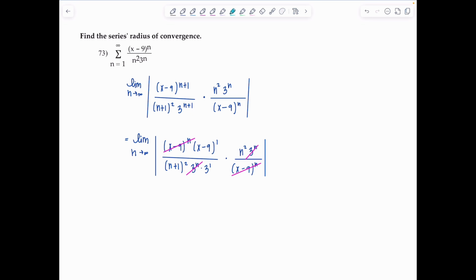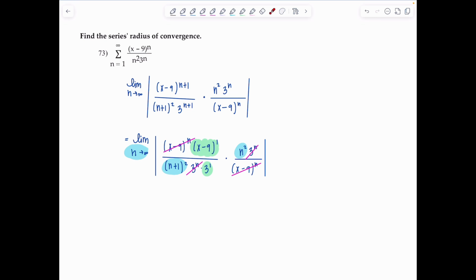So notice here, we're taking the limit as n goes to infinity. So here's an n, or something that involves n, and then here's something else that involves n. x minus 9 and 3, those are constants in the limit because n is changing, but x is not. So I can actually take everything that I highlighted in green out in front of the limit, just so you can focus on all the n's.